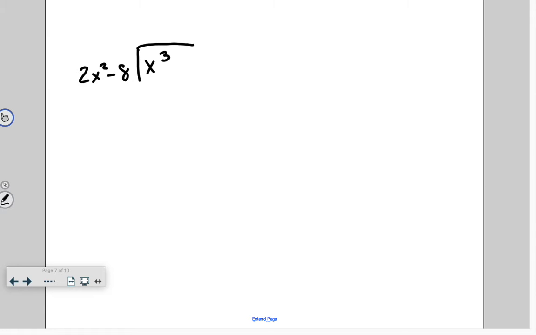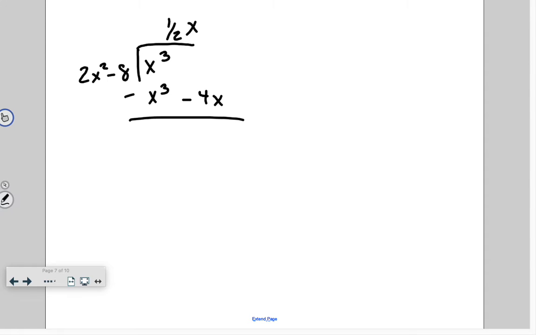So 2x squared times what gives me x cubed? Well, in this case, it's going to end up being 1/2 x. Half of 2 gives you 1. x squared times x gives you the x cubed. If you multiply this through, we would end up with x cubed, and we would end up with minus 4x.